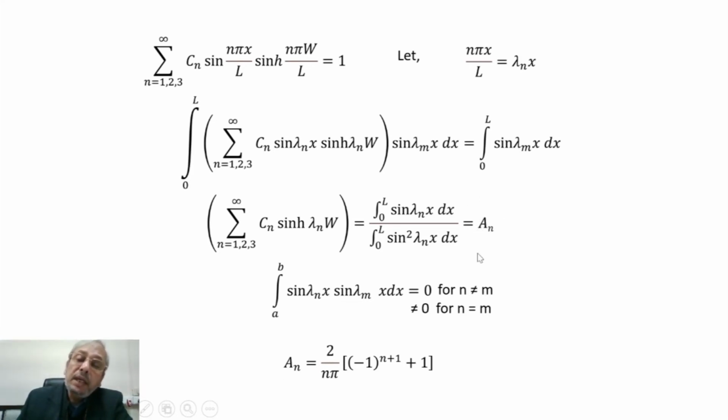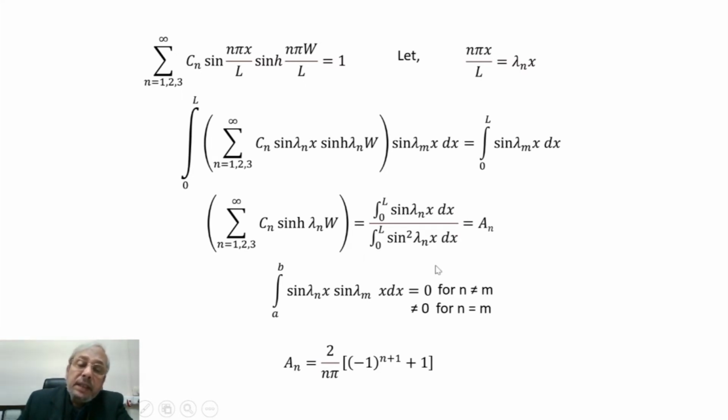And while evaluating this an, we have to make use of the integral 0 to L sine square lambda n x dx, which is actually 0 to L sine lambda n x into sine lambda m x dx. When m equal to n, then we can write sine square lambda n x dx.